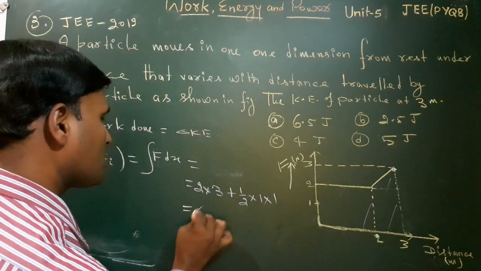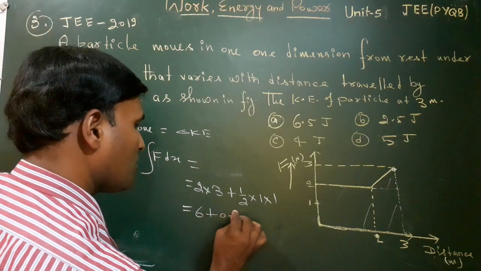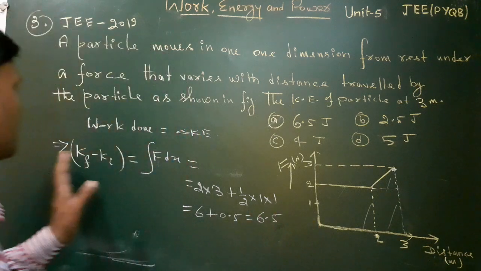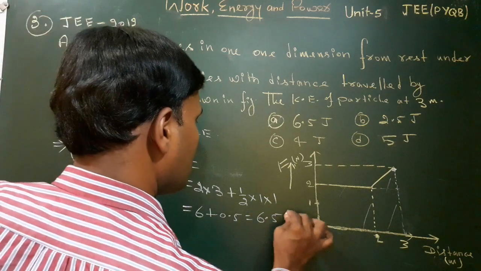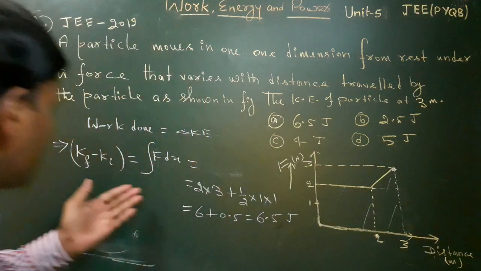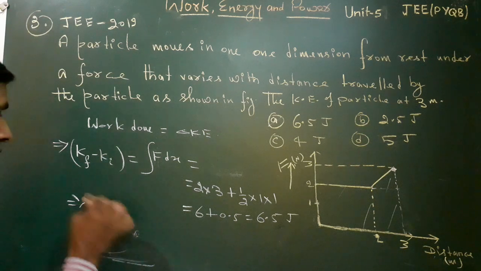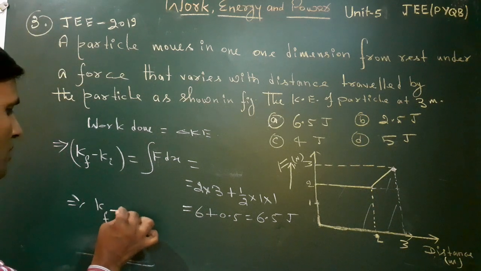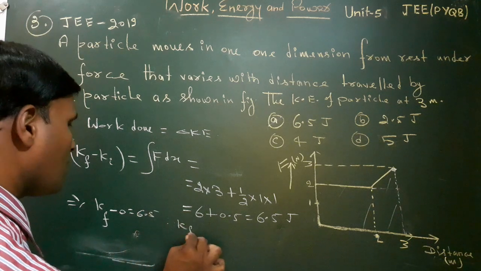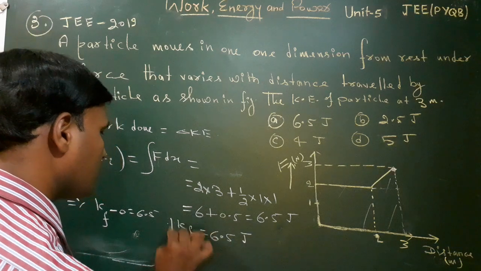So it would be 6 and 0.5, so 6.5, and this is the work done, in joule. Now Ki is 0 because the particle starts from rest, so Kf, the final kinetic energy, minus 0 is 6.5, hence Kf is equal to 6.5 joule.